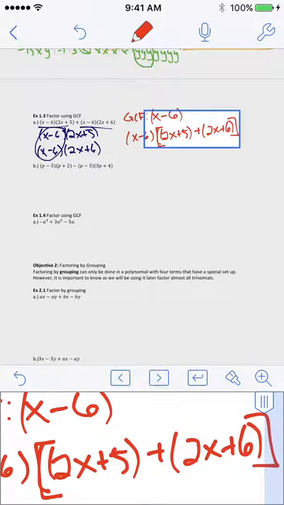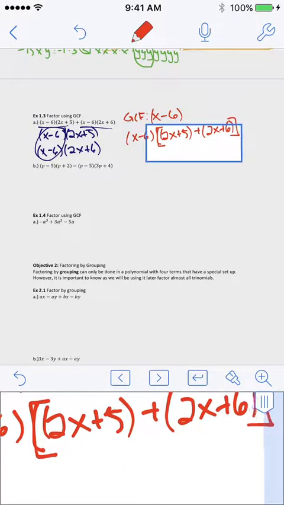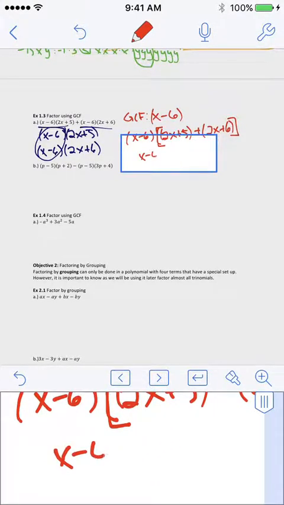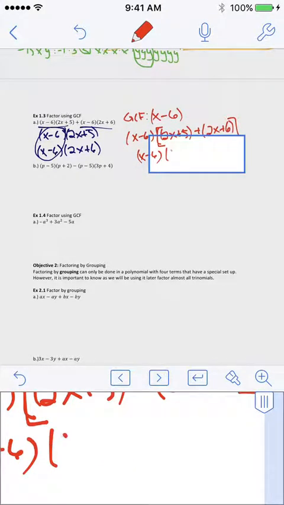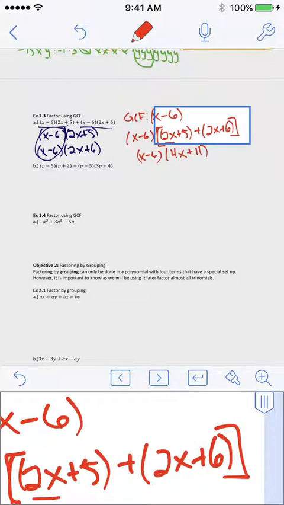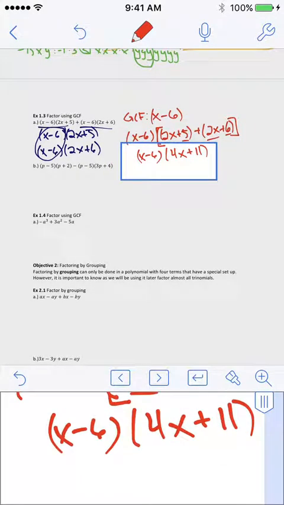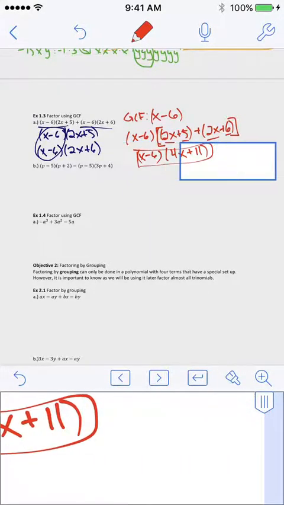Now we could combine those. Right, we definitely should combine those. We end up getting x minus 6 times 4x plus 11. Right, combining like terms, 2x, 5, and 6. And that would be our final factored form. And it would be awesome, and we would be done.